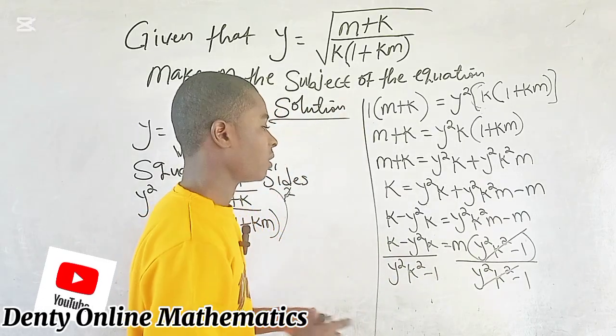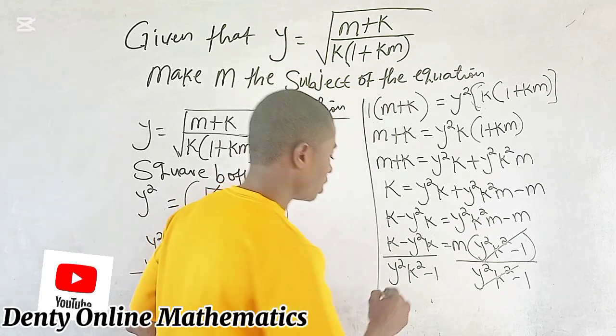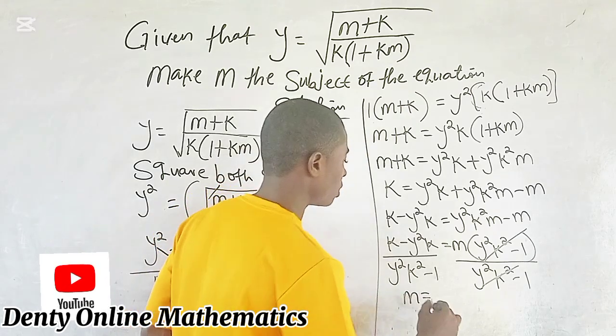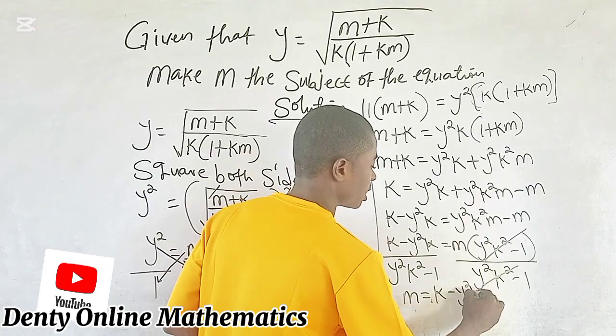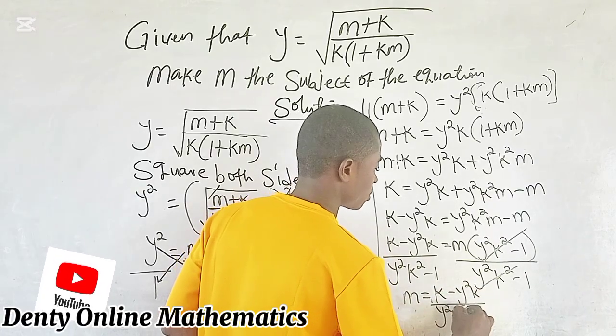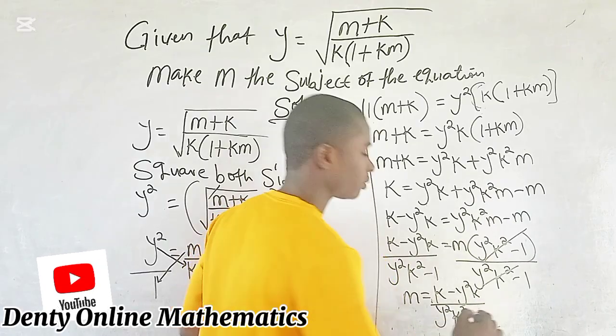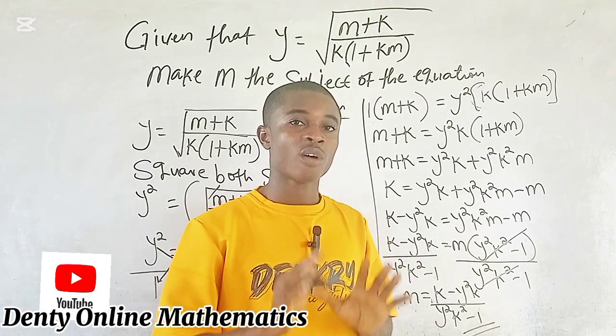So to do that now, once I cancel the 2 out, m is left alone. So m will be equal to k minus y squared k divided by y squared k squared minus 1, and that is the value of m.